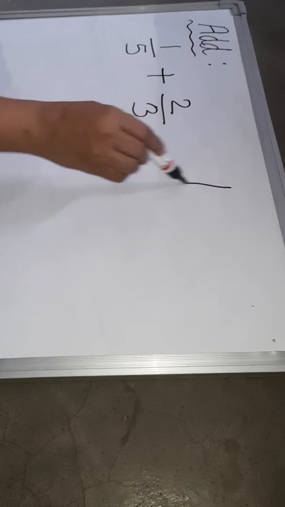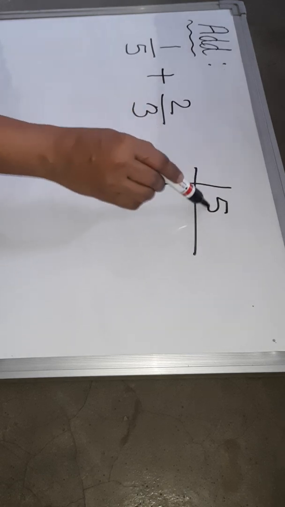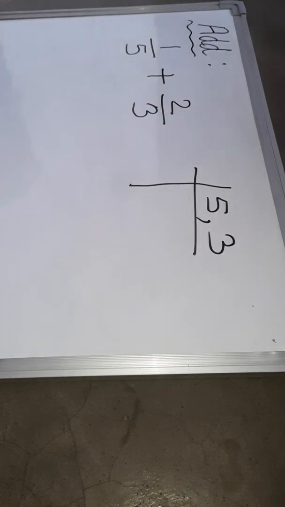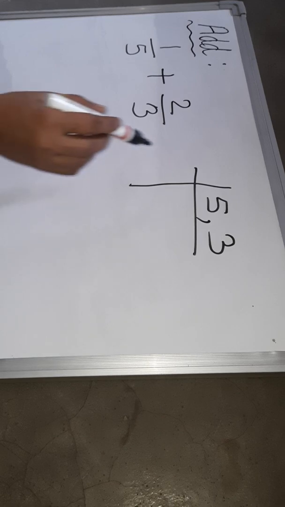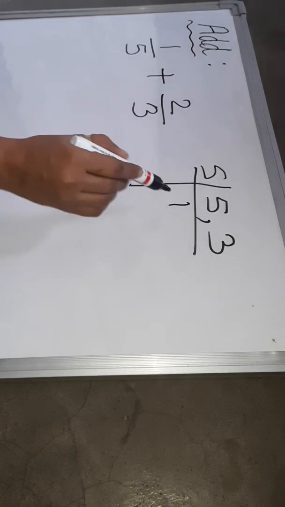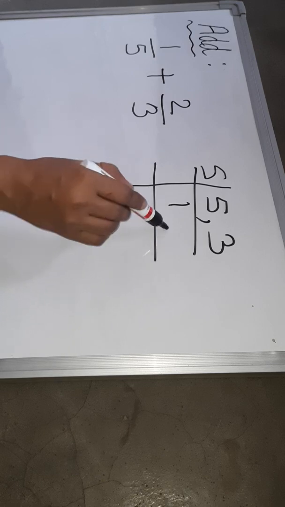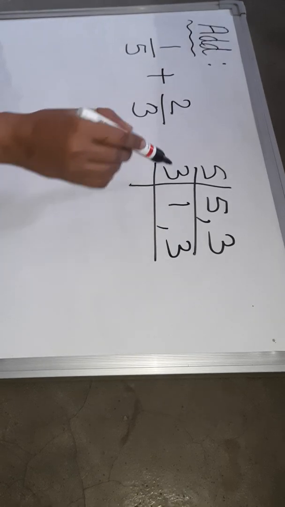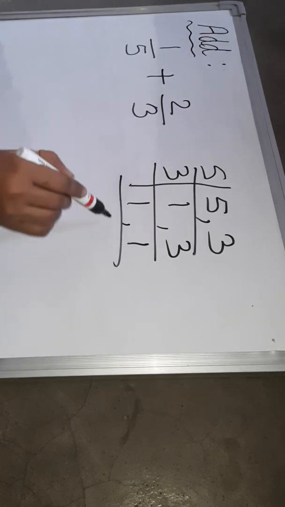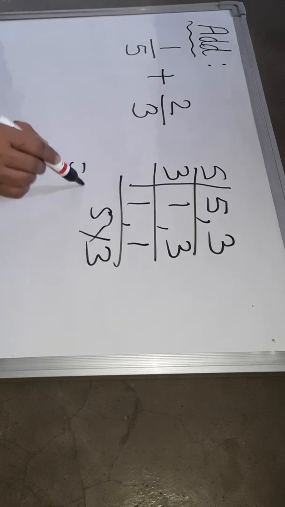Let us find the LCM of the denominators 5 and 3. So 5 and 3 have only one common factor, number 1. It means the LCM of 5 and 3 is 5 into 3, and it is 15.